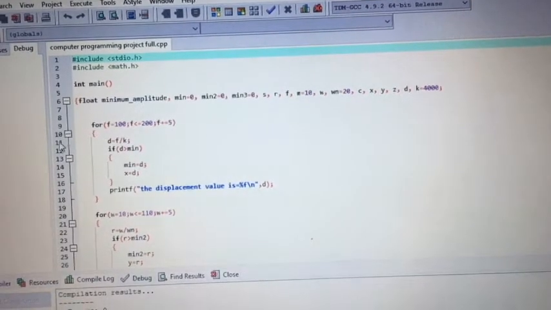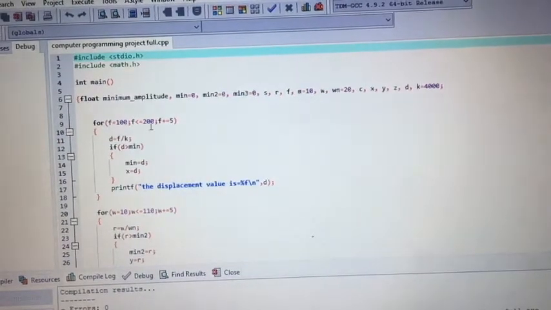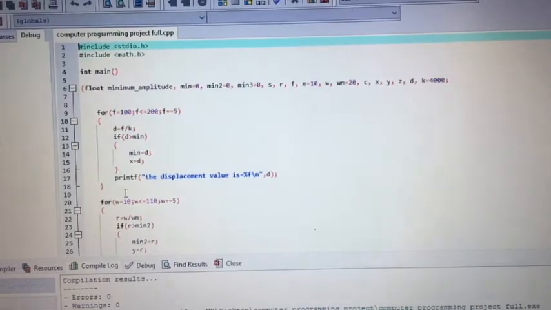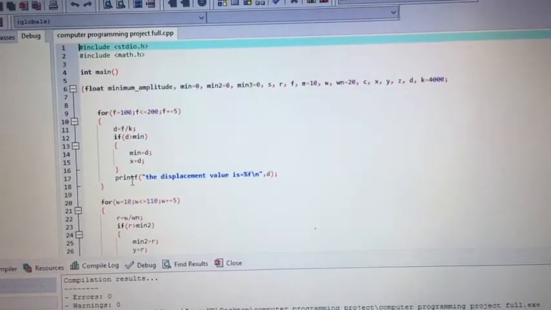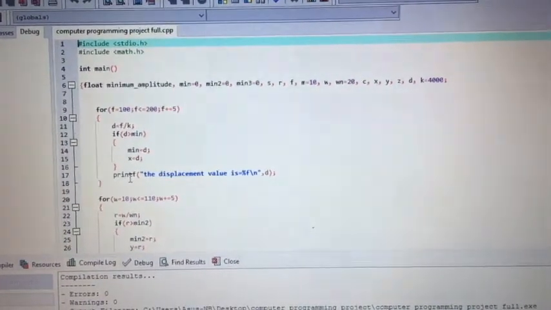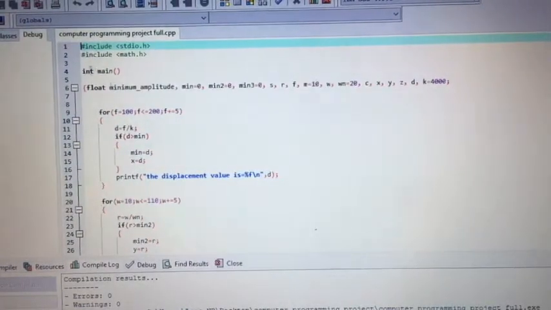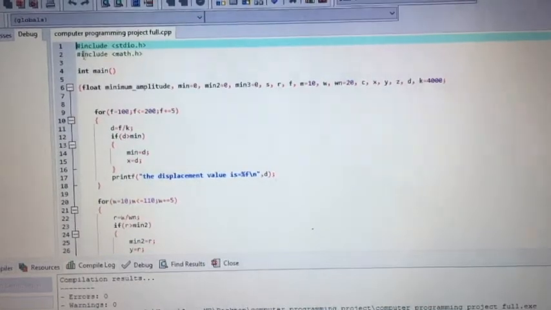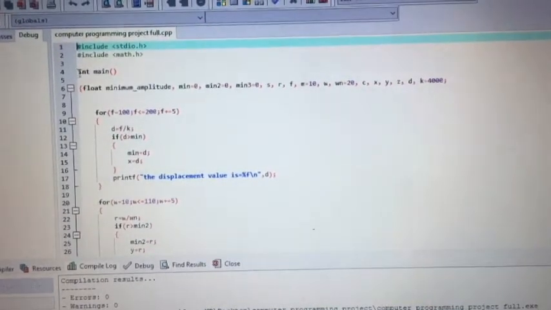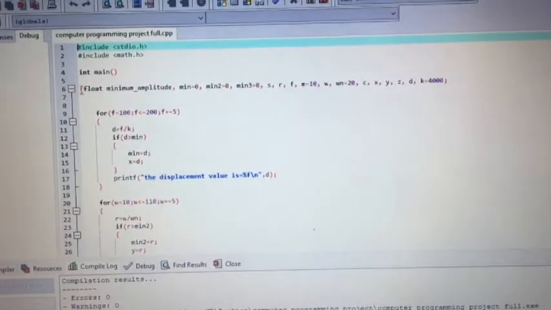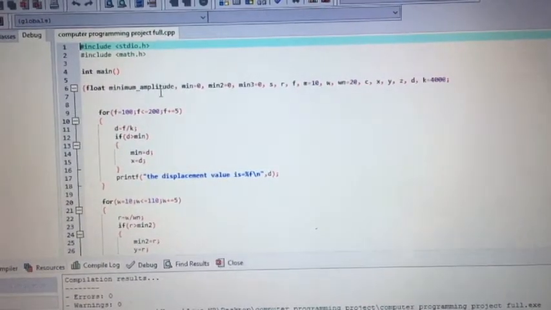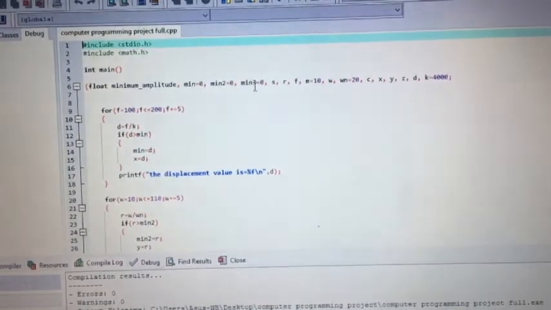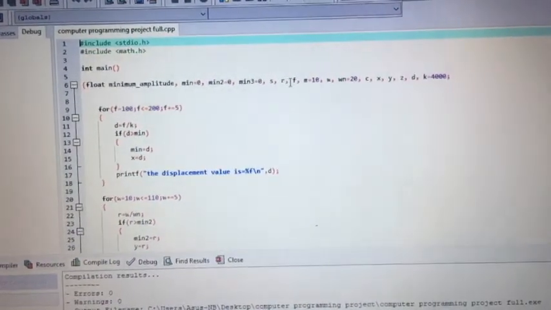Hello everyone. Now I will show you how I find those variables and how I substitute them into 3 equations to get the optimization value, and then substitute it into the main equation. First I use the command include stdio.h, then I include math.h, I use int main, then I set the float minimum amplitude, minimum equals 0, minimum 2 equals 0, minimum 3 equals 0, r, s, f, m.